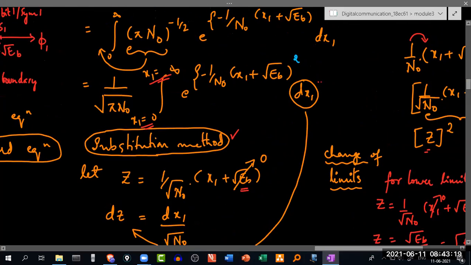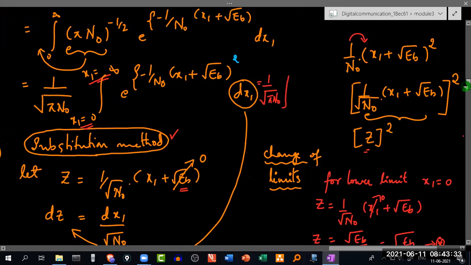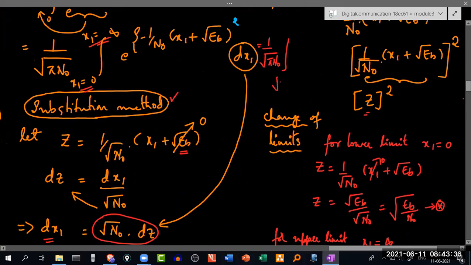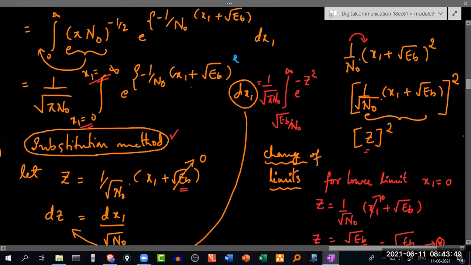So back here, I can think of this as 1 by square root of pi n naught. So right now the limits have been changed: the lower limit has been changed to square root of EB by n naught, and the upper limit still is infinity, of e to the power minus z whole square, because we had considered this entire thing to be equal to z, and we had neglected this negative sign.